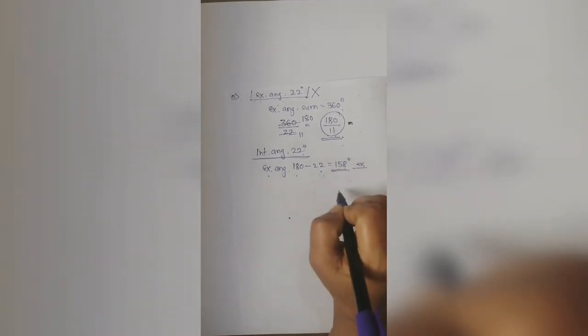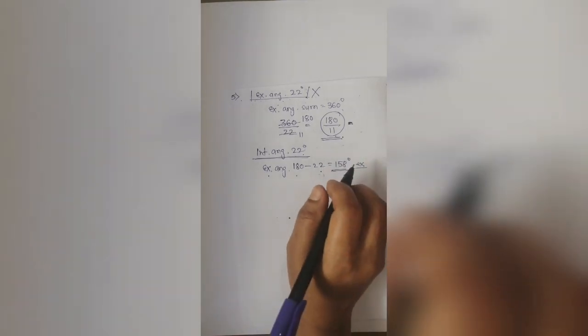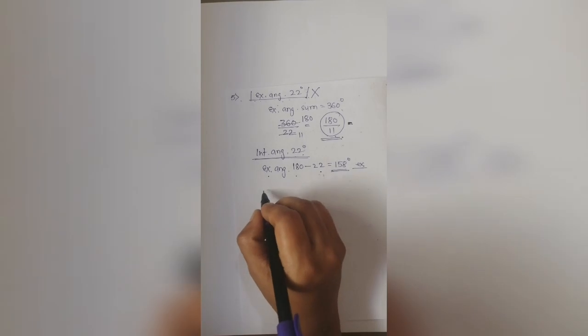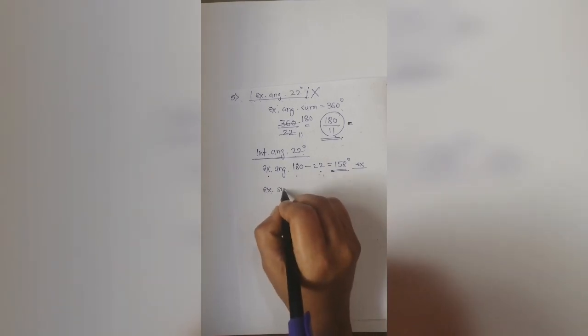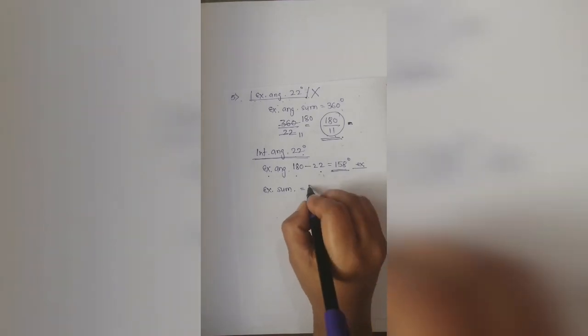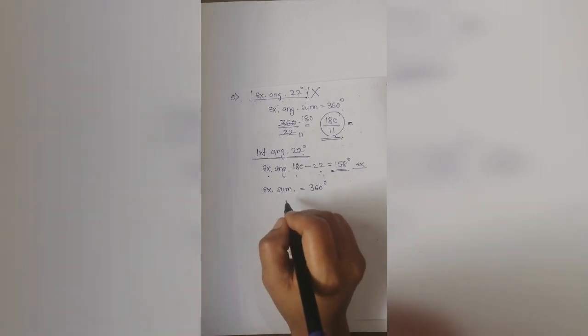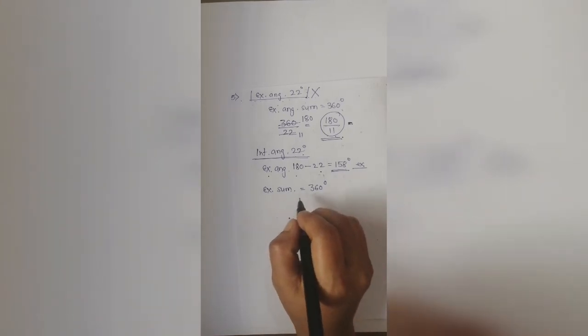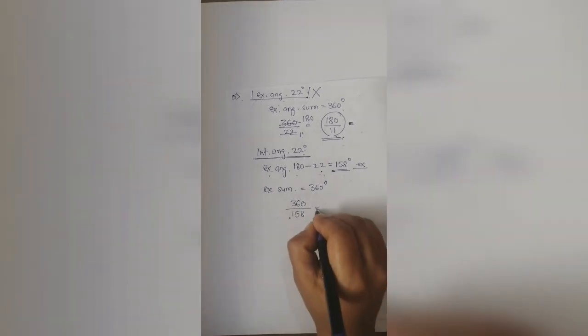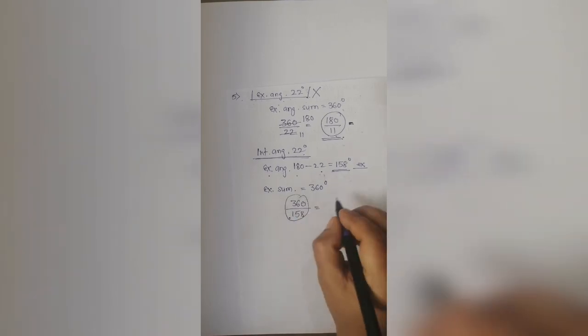So it is 158. According to the exterior angle sum property, the sum of the exterior angles is 360 degrees. If it is a regular polygon, then 360 divided by 158. Again, this is not a whole number.